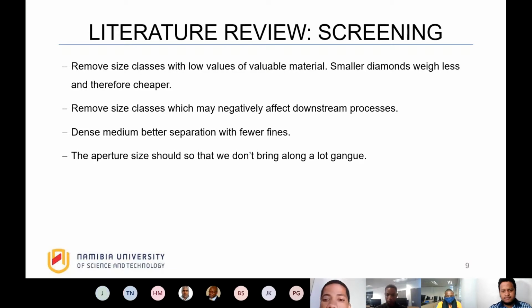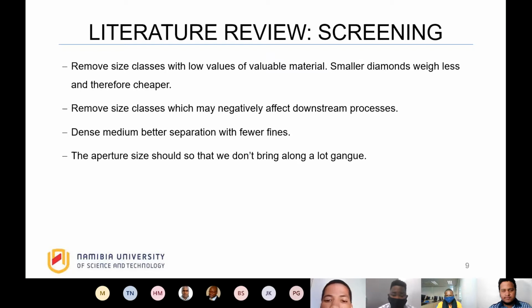So if you can crush your material and screen it, removing all the particles above the range in which the diamonds occur, then you basically remove just gangue, because the diamonds in this specific ore don't exist outside the range.